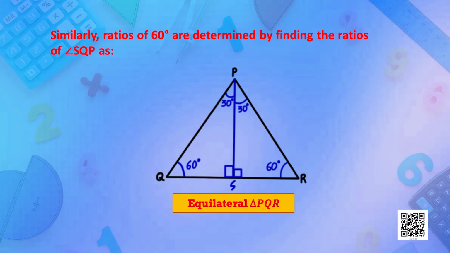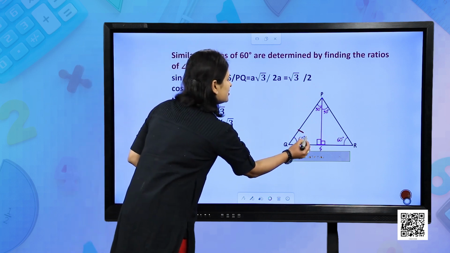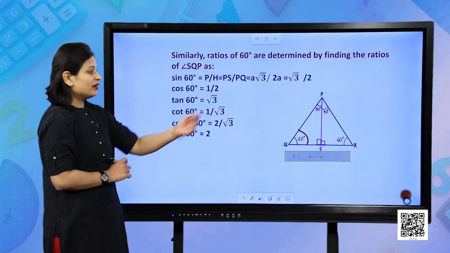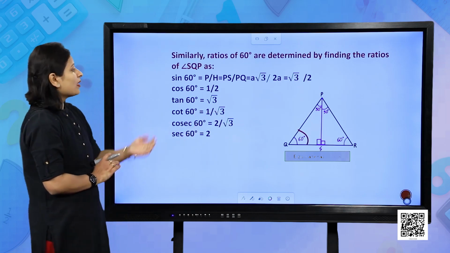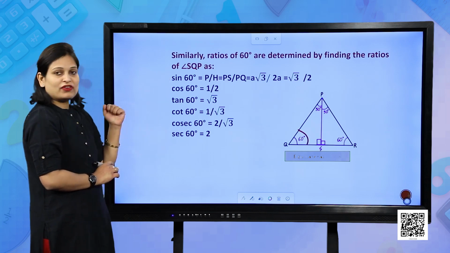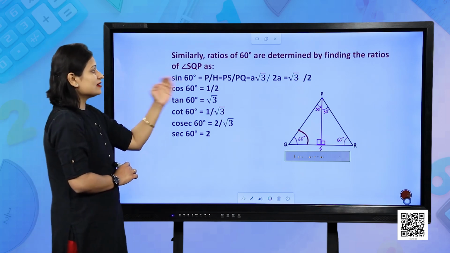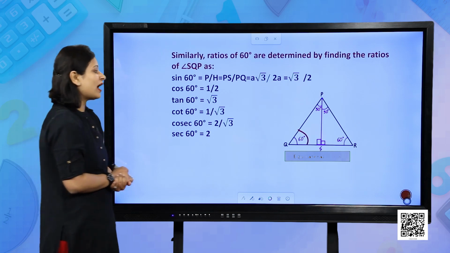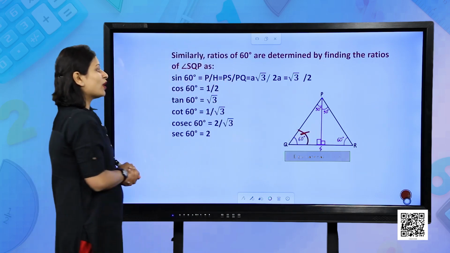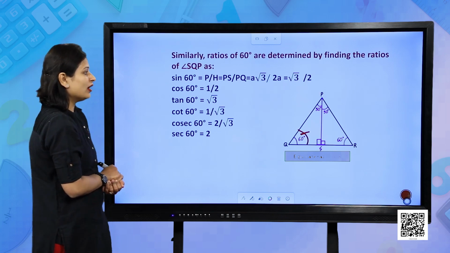Similarly, ratios of 60 degrees are determined by finding the ratios of angle SQP. Now, SQP is 60 degrees. Since we have just calculated the value of PS, we can find out the value of trigonometric functions. Sine 60 degrees is perpendicular upon hypotenuse. Now, we are considering this angle. So, what will be the perpendicular over here?